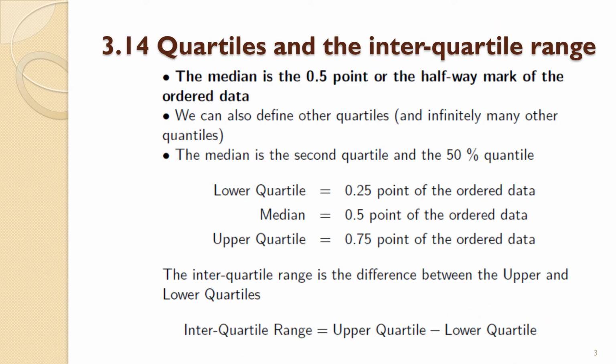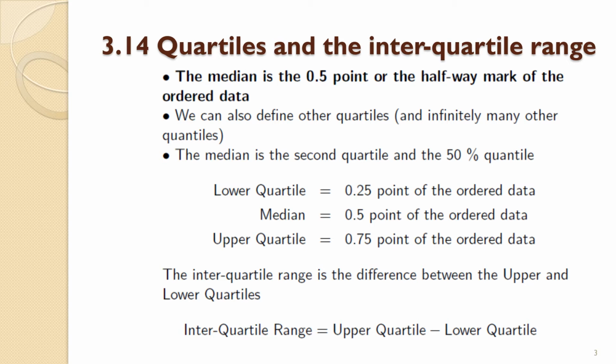Another way of measuring spread, other than the variance and standard deviation, is to talk about quartiles and the interquartile range. We've discussed the median before. The median is the 0.5 point or the halfway mark of the ordered data. You can define other quartiles and infinitely many other quantiles similarly. The basic idea is you split the sample up into nice numbers.